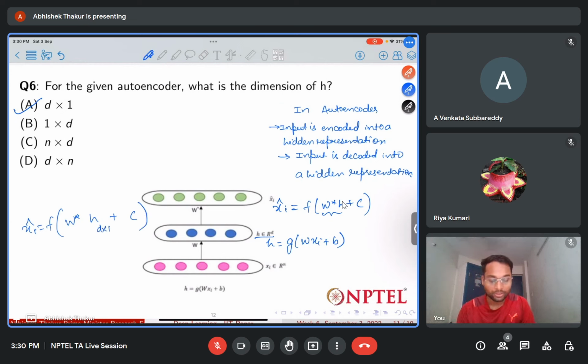So what will be the number of columns in W star? That is D. Our Xi is n cross 1, so our C will also be n cross 1. Then the W star dimension will be n cross D, because n cross D multiplied with D cross 1 will produce n cross 1. So this is W star times H, and after summation with C, it will give n cross 1.